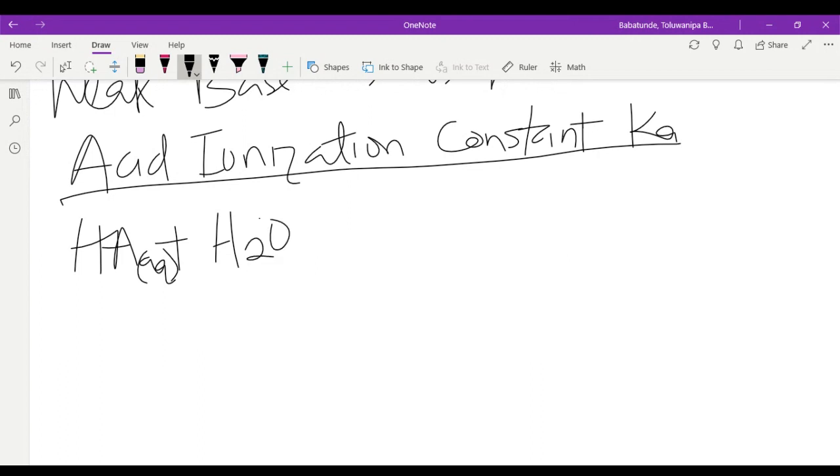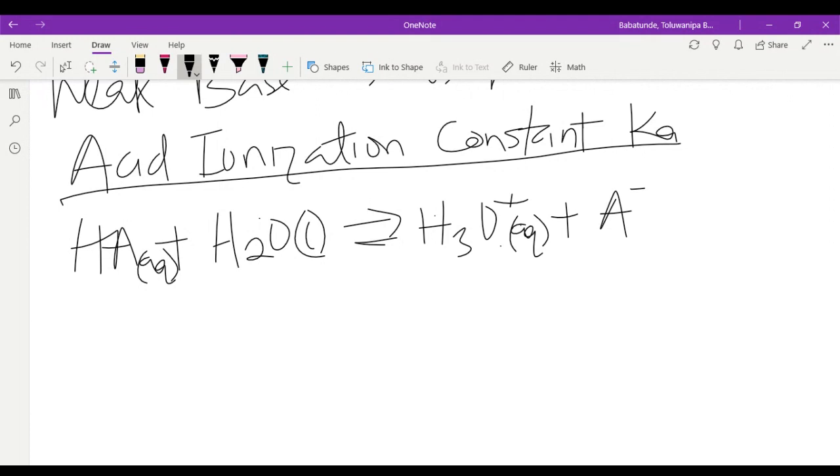This is H2O liquid. And it's forming this, which is aqueous, and this is going to be A negative, right?